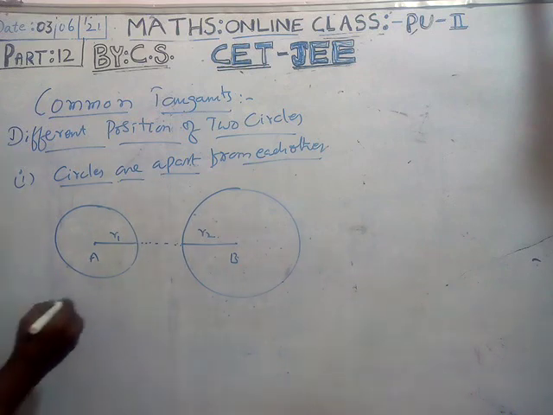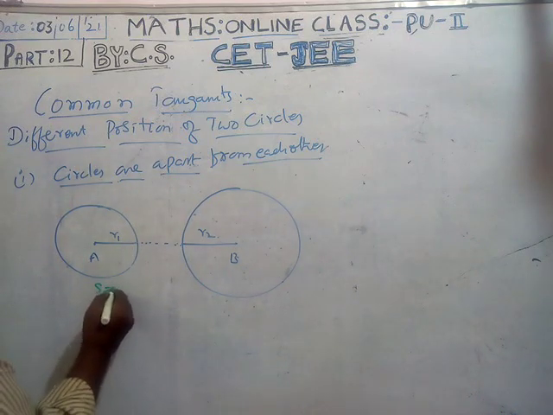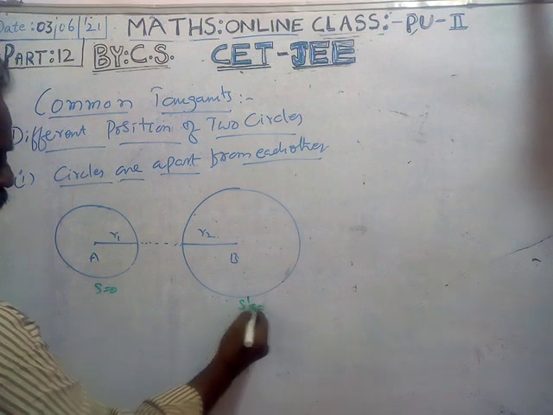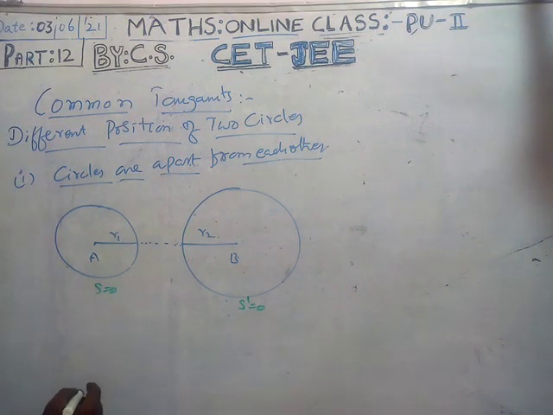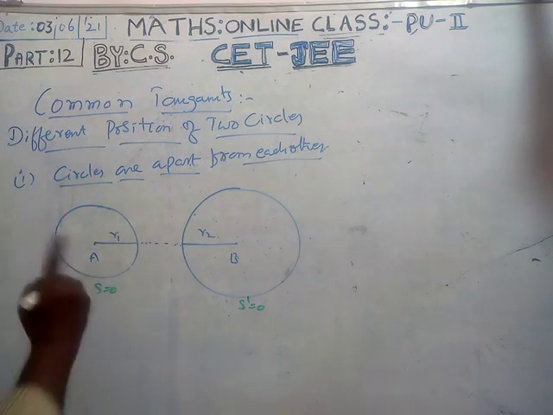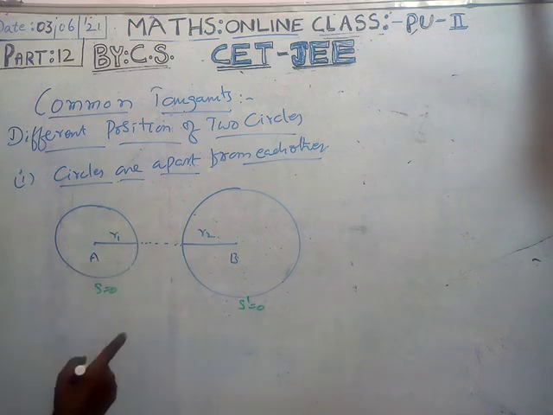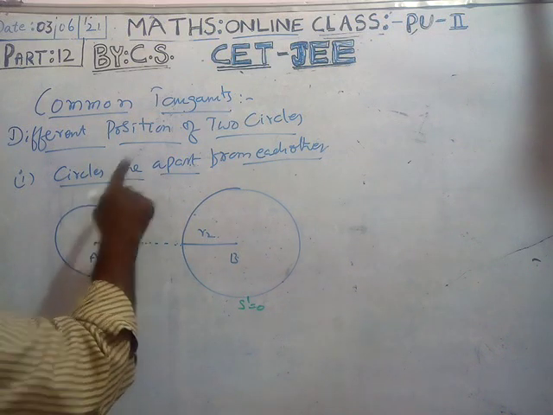It is circle S is equal to 0 and S dash is equal to 0. How can you say, if two circles with equations are given, that they are lying apart from each other?